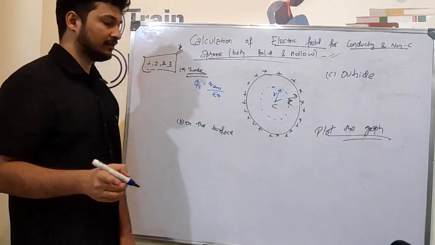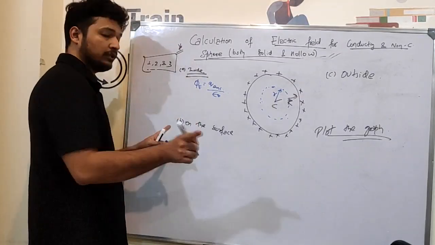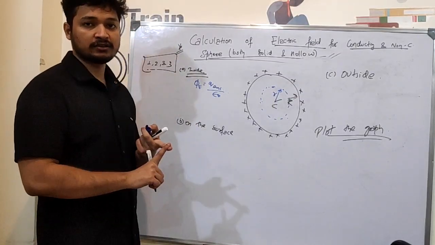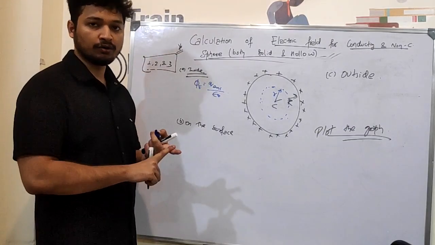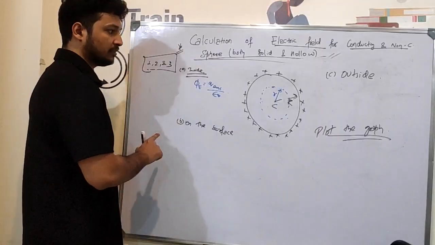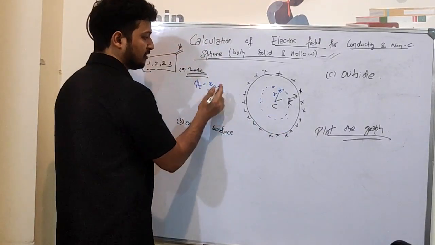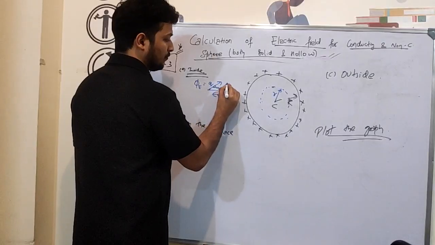You can see in all these three cases, conducting sphere solid, hollow, and non-conducting sphere hollow, there is no charge present inside the sphere. That means the value of Q enclosed will be 0.